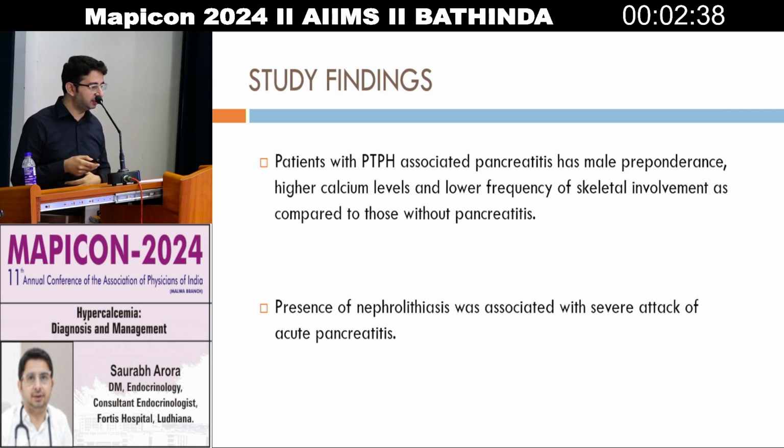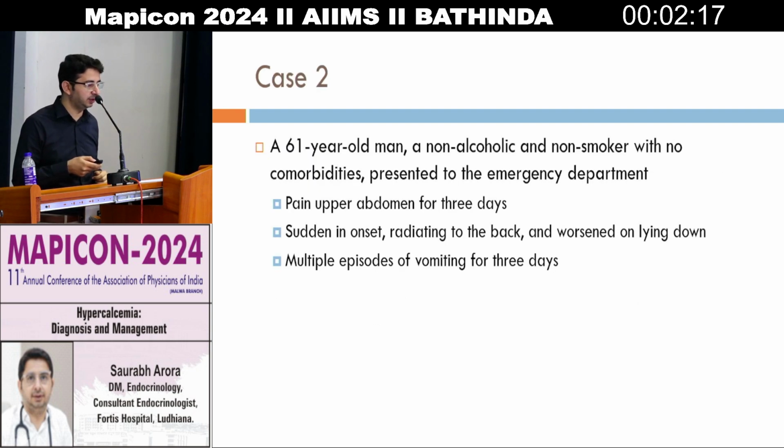The results showed that primary hyperparathyroidism associated pancreatitis has male preponderance, whereas primary hyperparathyroidism alone has female preponderance. They were having higher calcium levels and lower frequency of skeletal involvement as compared to those without pancreatitis. And presence of nephrolithiasis was associated with severe attack of acute pancreatitis in these patients.